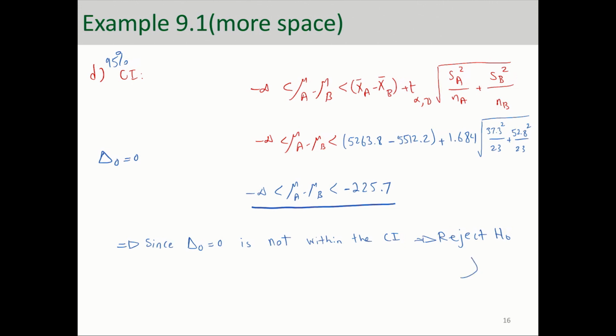And that means supplier B has greater tensile strength by at least 225 with 95% confidence. This is the message that you get from your confidence interval.